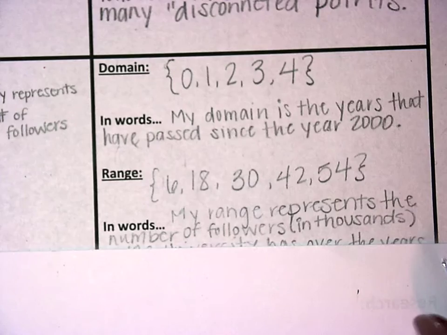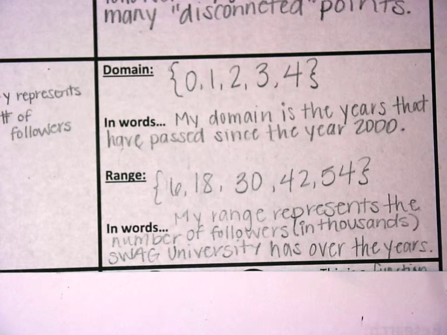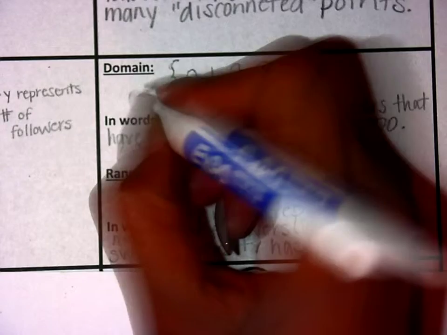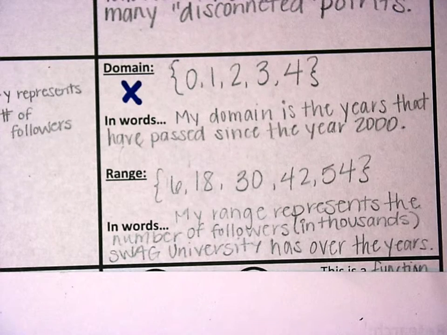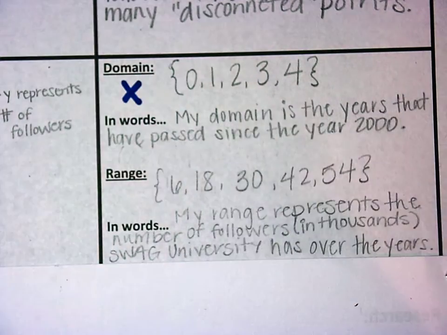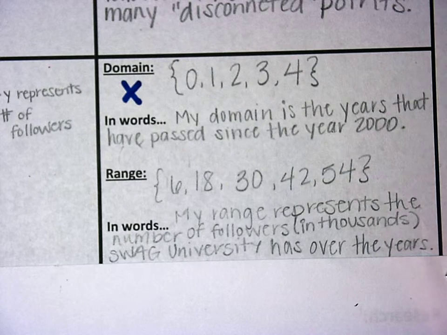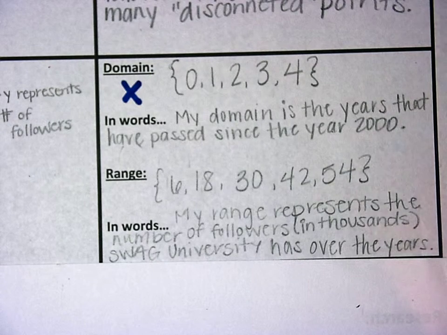Now my domain and my range. So my domain for my problem, which is x, is all of my x values. So 0, 1, 2, 3, and 4. My domain is the years that have passed since the year 2000.